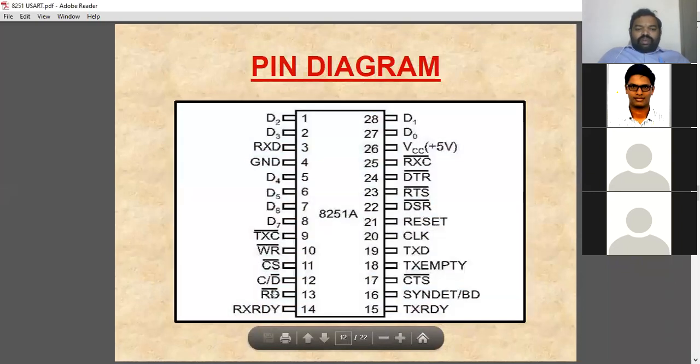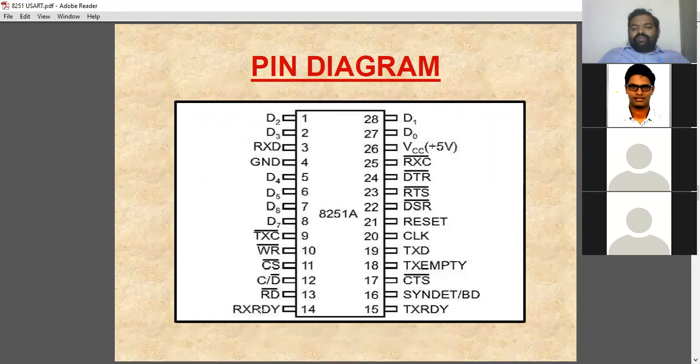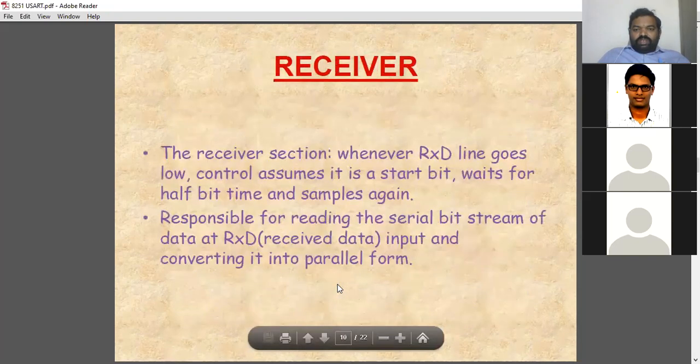After this, receiver ready, RD bar completed, receiver ready. Whenever the receiver is ready, right, then it will send a receiver ready control signal. Just see the block diagram.